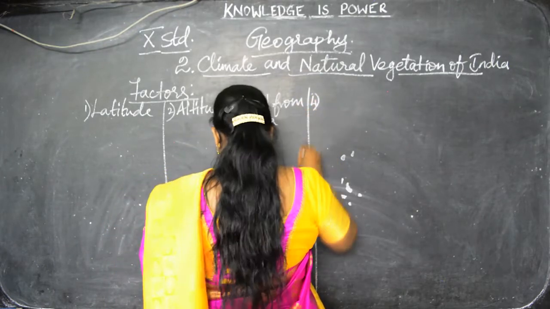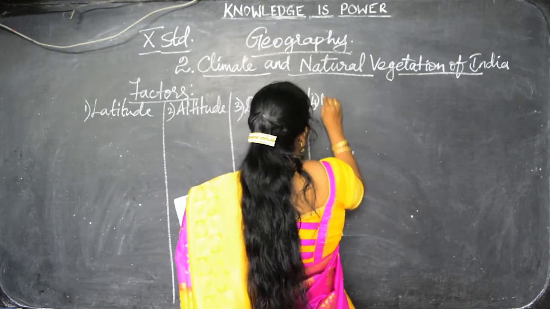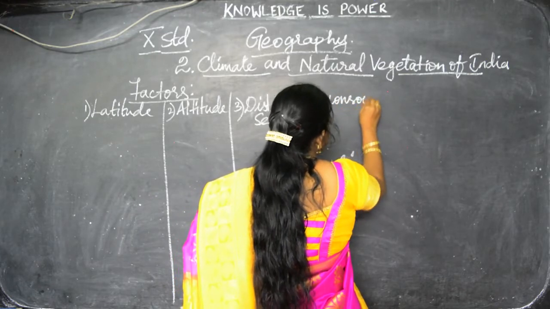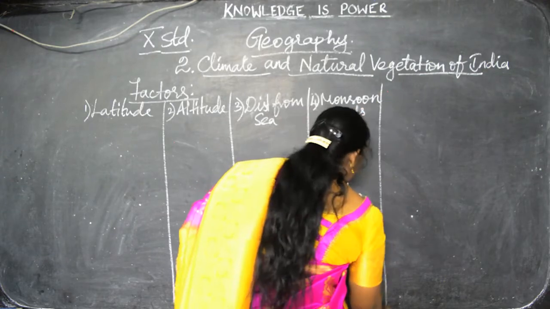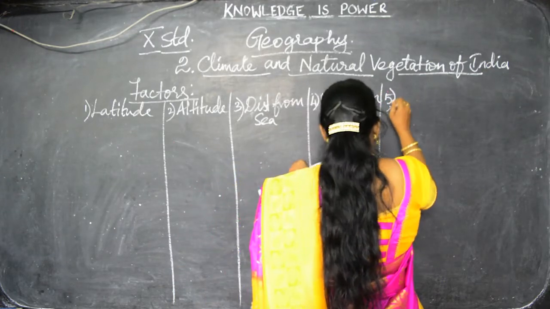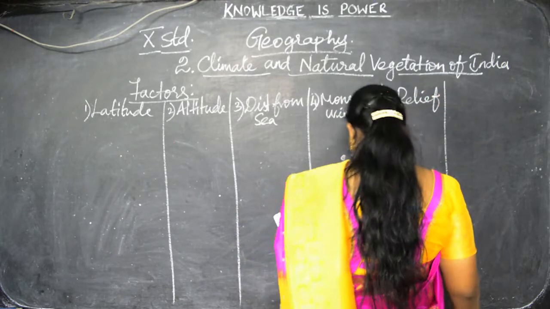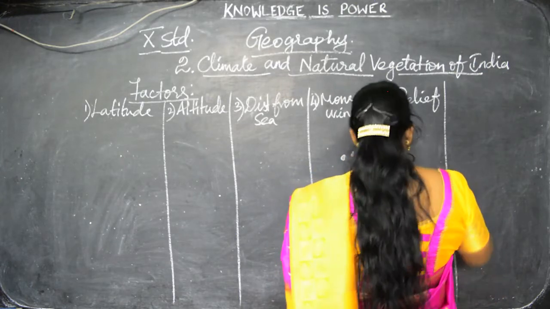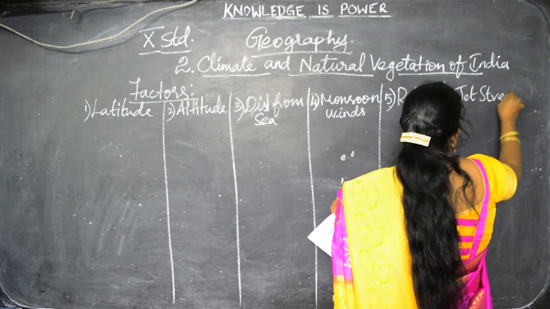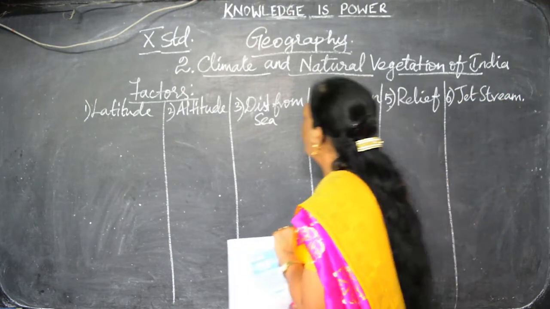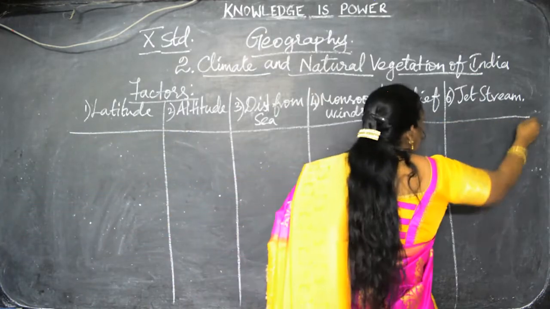And fourth factor is monsoon winds. Fifth factor is relief, and the last factor, that is jet stream. So these are the factors which affect the climate of India.